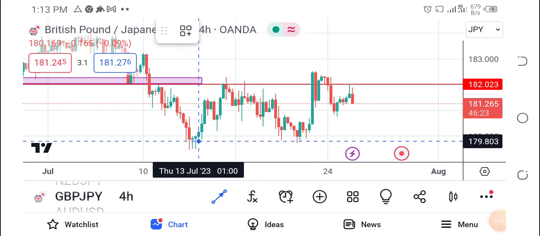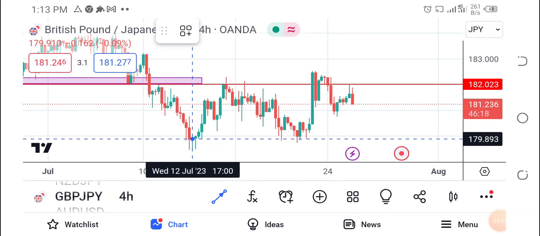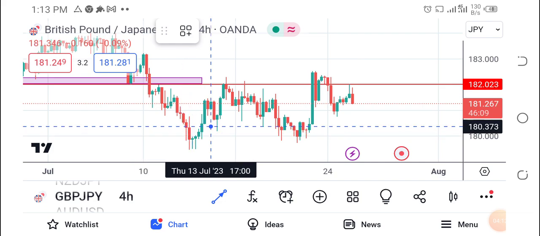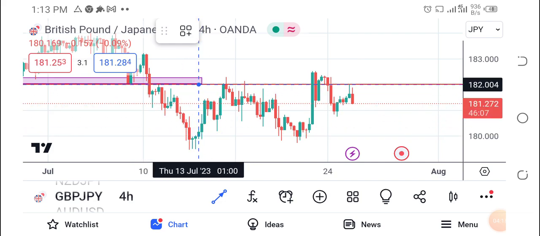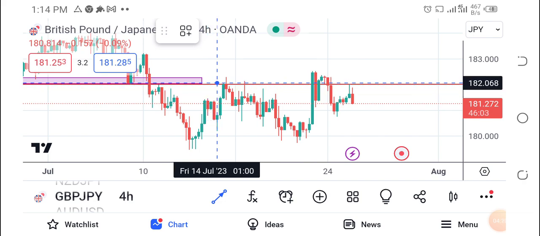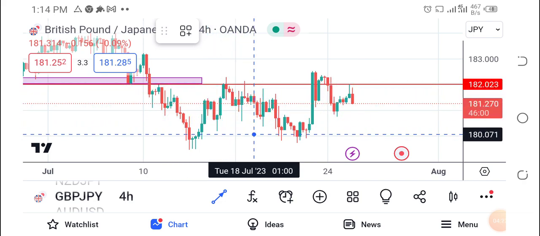So you can see on the 13th of July, I think probably last week or 2 weeks ago, the market price reached this point and then started going upwards. It came to 1.8200 on that key psychological level on a 4-hour time frame, and then started coming back.